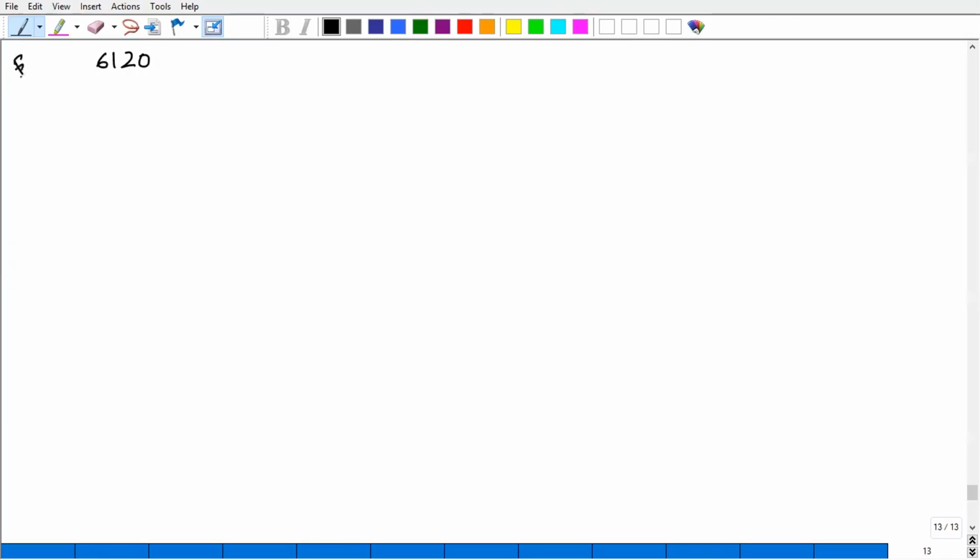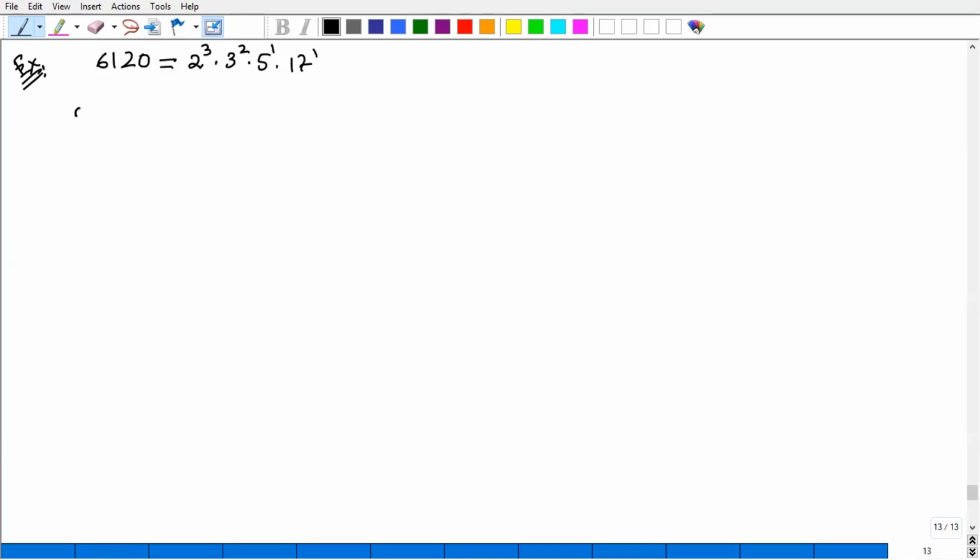So 6120 can be written as 2 to the power 3 times 3 to the power 2 times 5 to the power 1 times 17 to the power 1.